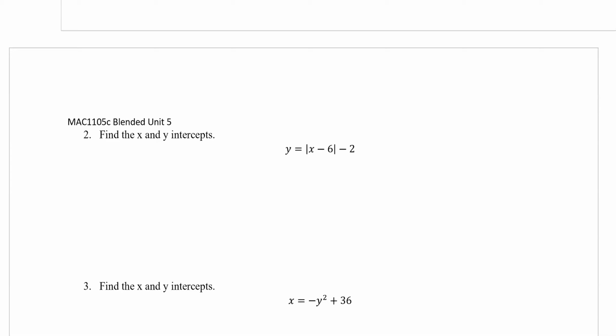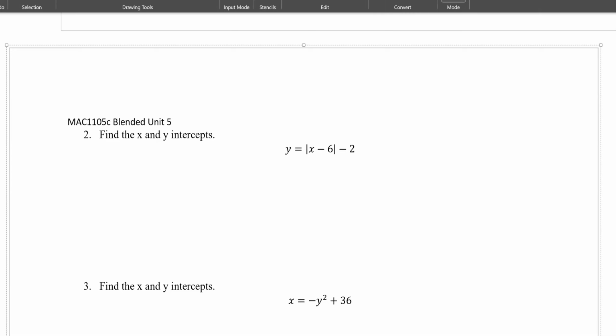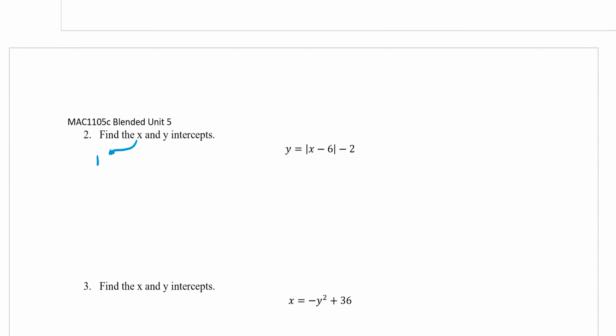Well, remember, the x-intercept is where your graph touches the x-axis. And when you're touching the x-axis, the y part of your coordinate is 0. So you see here, this is an equation, and it's got both an x and a y.